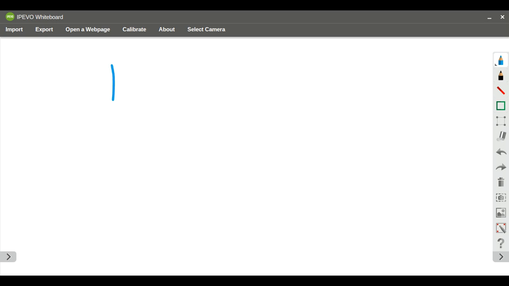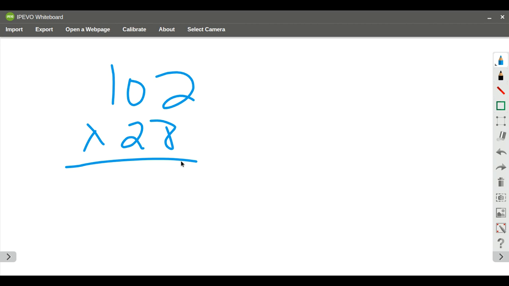I'm not going to do 102 multiplied by 28, find my answer, and then estimate. I'm going to go ahead and round. So 102 is going to be near, remember this means approximately, 100. And 28 is approximately 30.